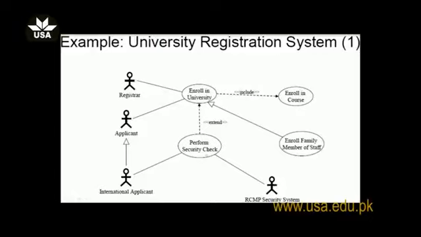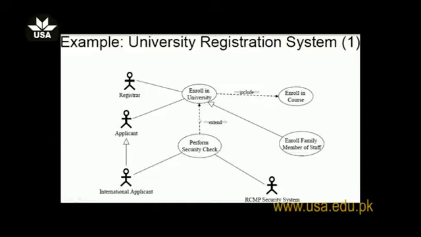So, perform security checks. This is the functionality that could occur in an extend relationship, because if we are dealing with international students and security systems, that means we are providing a security layer to our students. Students are paying online, they are offered courses, and against each course they are paying the fee.